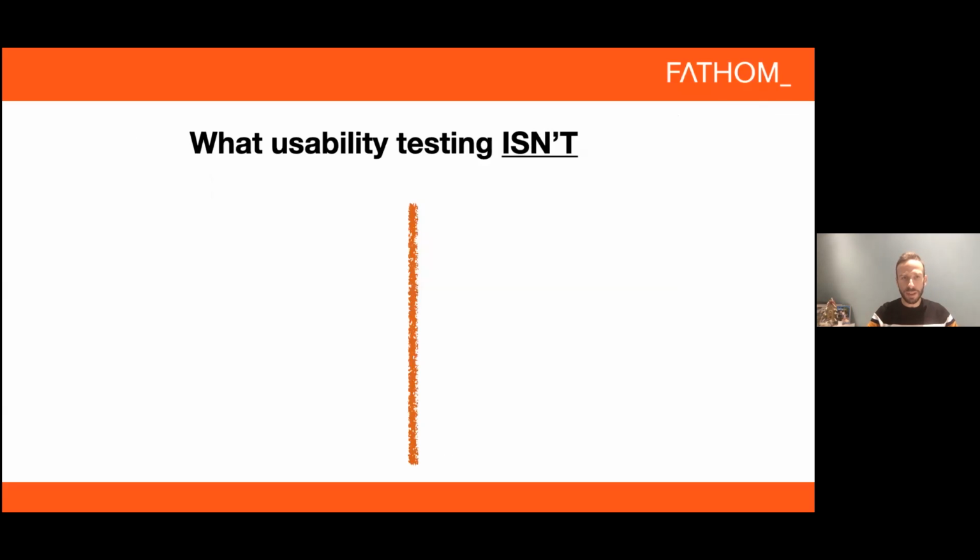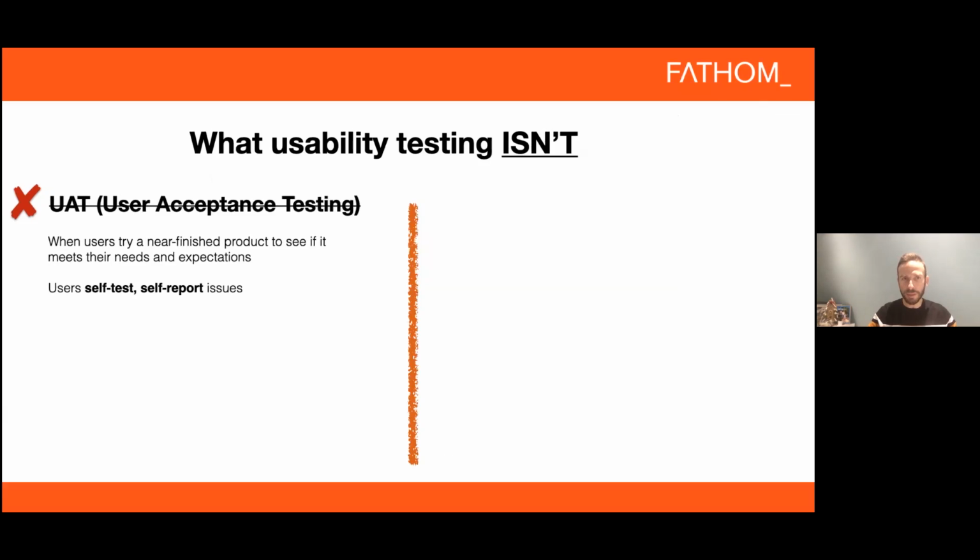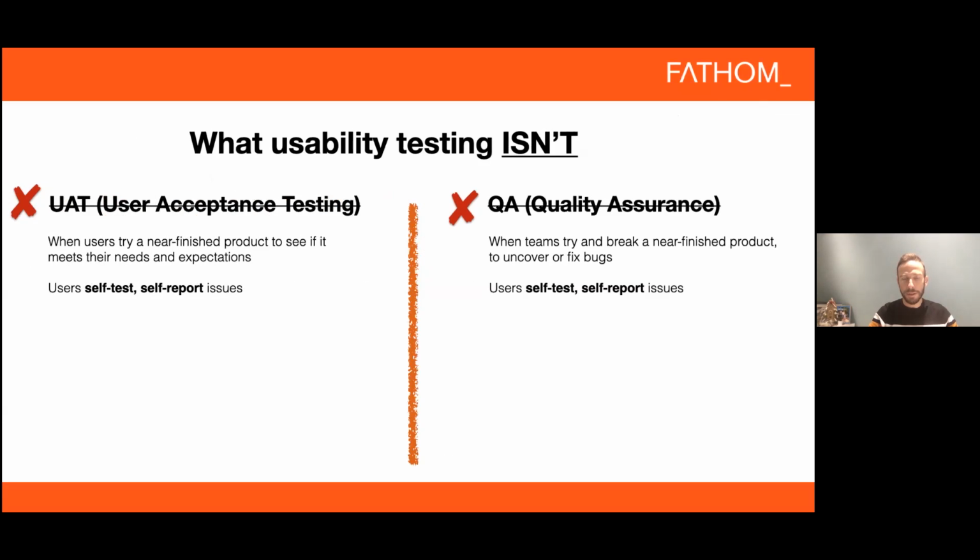So just moving on then, I thought it would be nice to start off by describing what usability testing isn't. These are just a few examples of many, but in the interest of time, we've kept this to 4 main ones that often spring to mind in our processes. So usability testing isn't user acceptance testing.